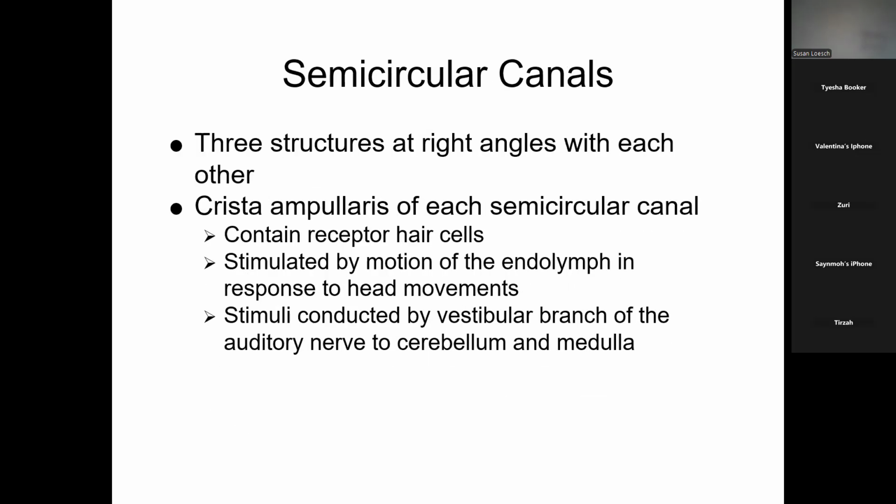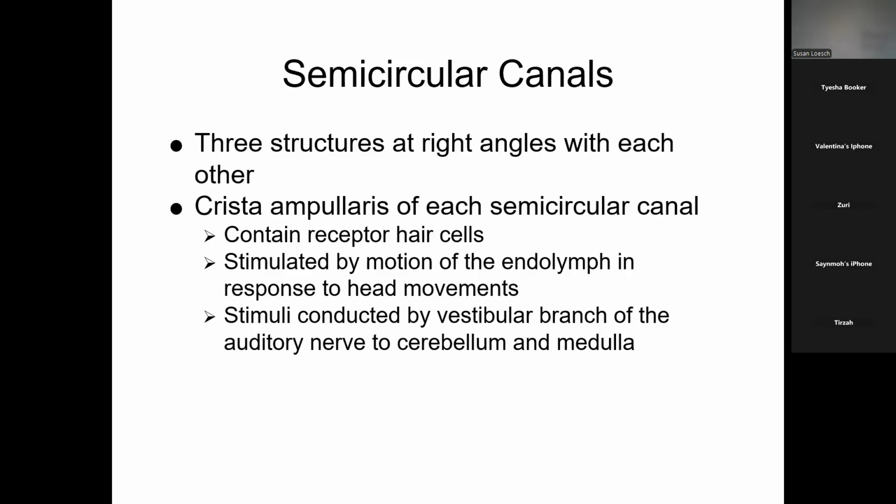The semicircular canals are three structures, and they're formed at right angles to each other to help you maintain balance and equilibrium. The crista ampullaris is located in the ampulla of each semicircular canal, and in the macula, and the vestibule is also located there.